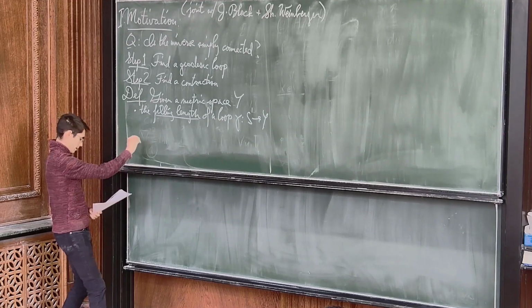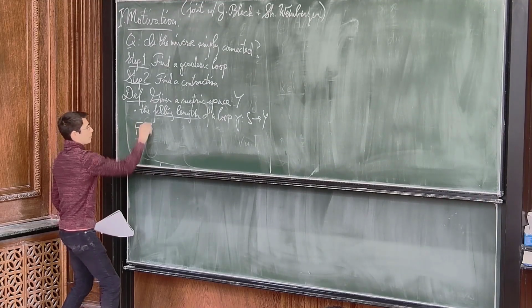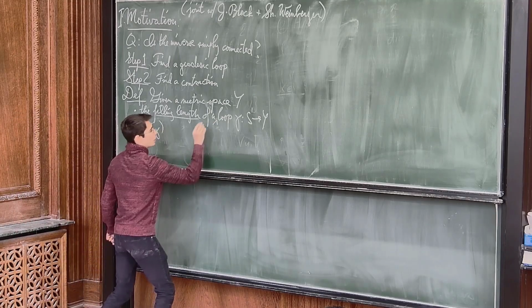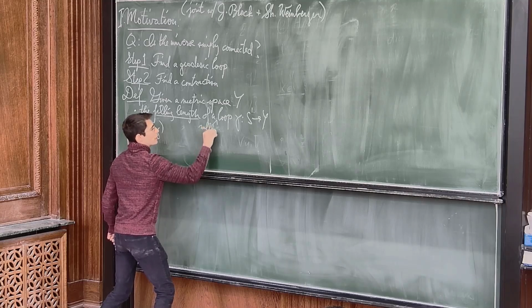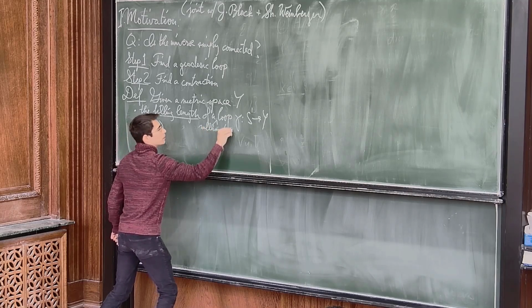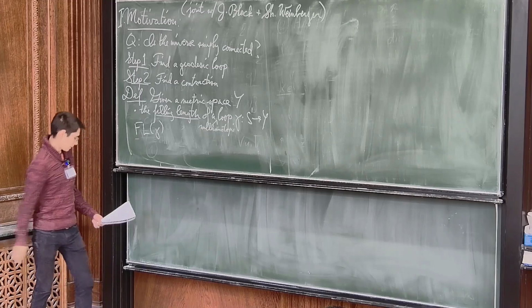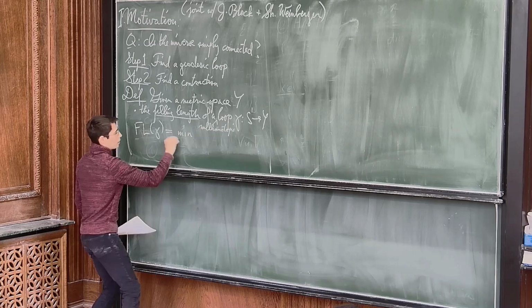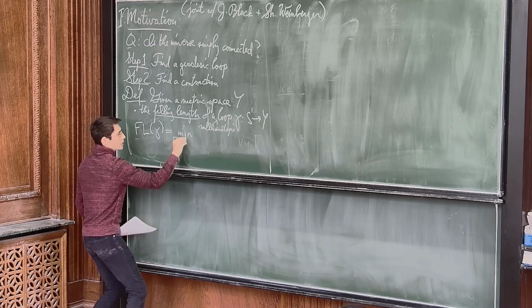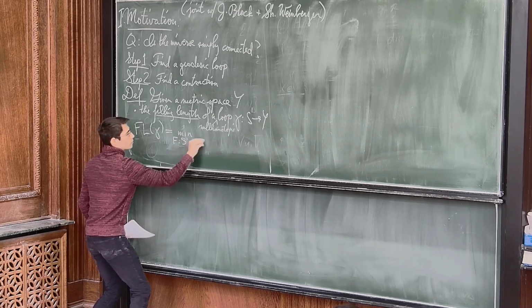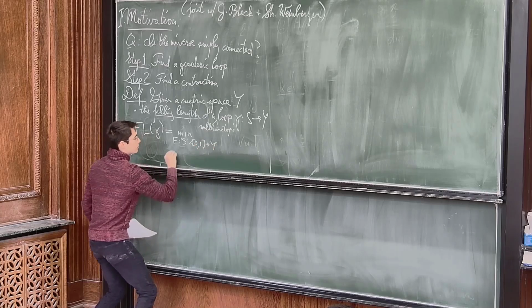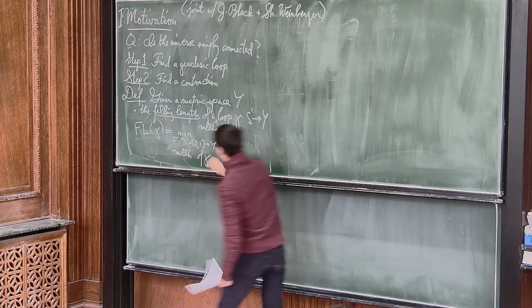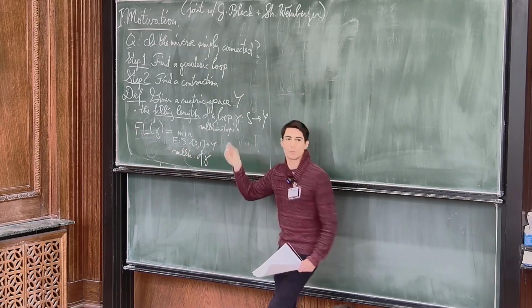This is, you look at all the possible ways of null homotopping this loop. So I guess it has to be a null homotopic loop. And you minimize over all these null homotopies. The size of the largest loop you have to go through.